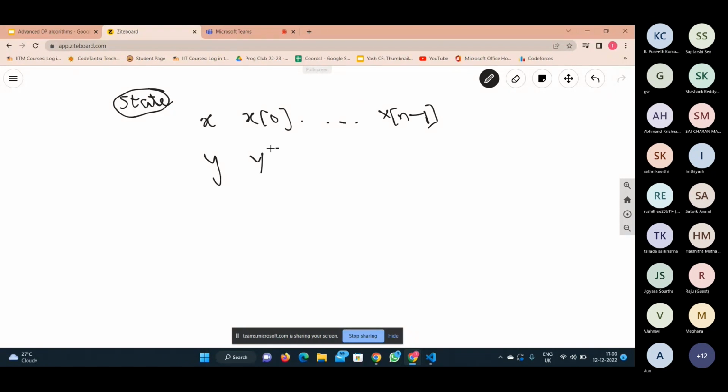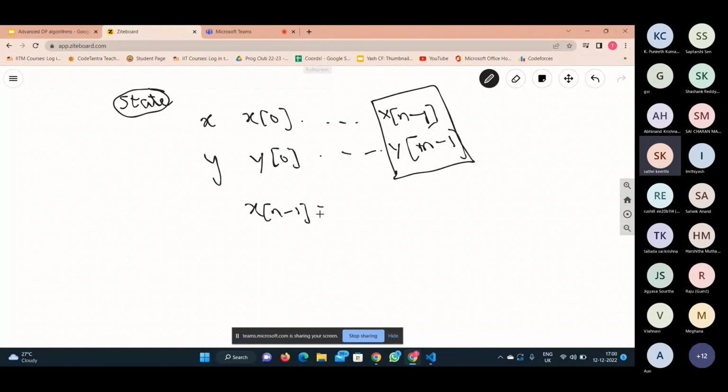Similarly, y of 0 to y of m minus 1. So looking at the last characters of these two strings, we have two possible cases. The last two characters are either equal or they are not equal.